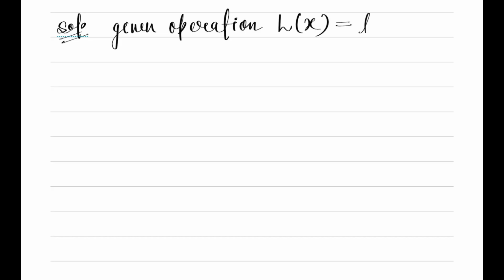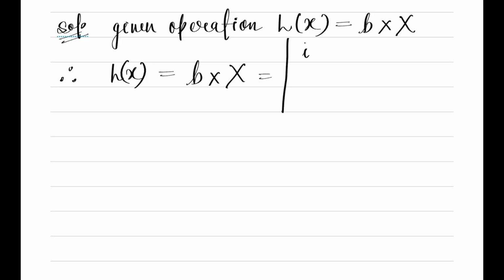We have the given operation, Lx is equal to b into x. Therefore we can write Lx is equal to b into x, using i cap, j cap and k cap.